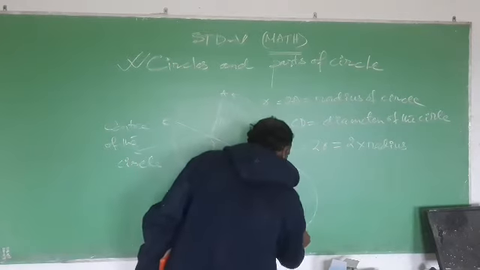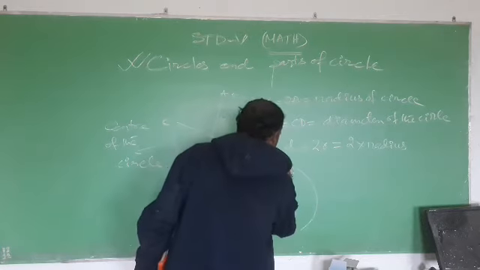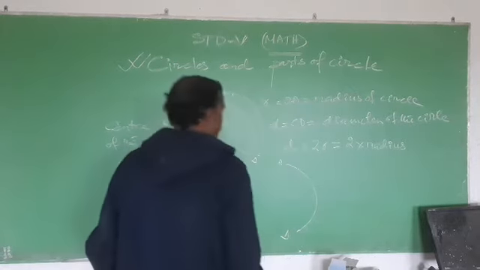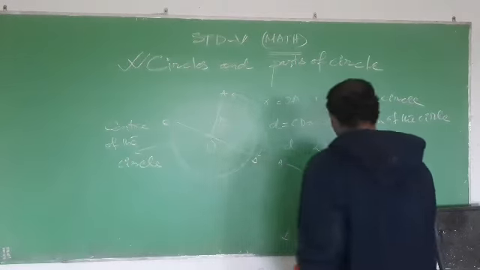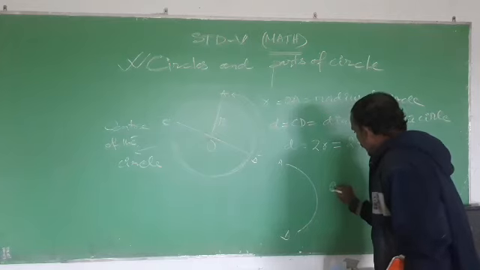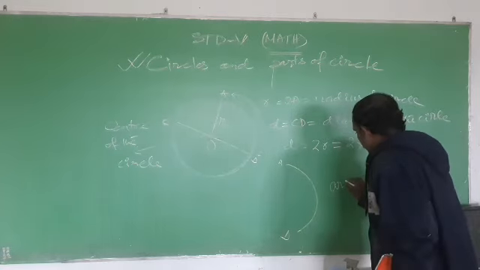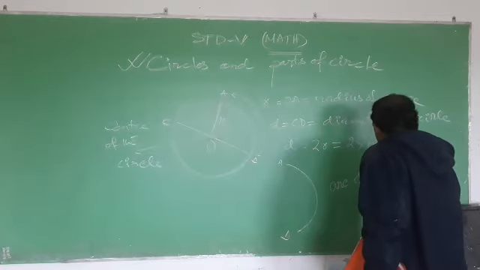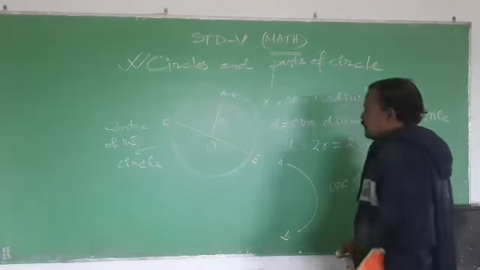This is A and this is D. This is a part of the circle and it is called arc of the circle.